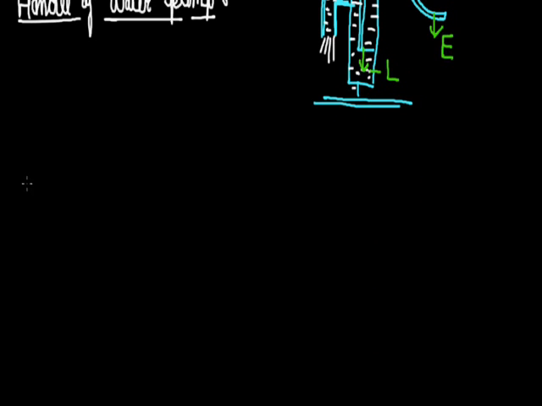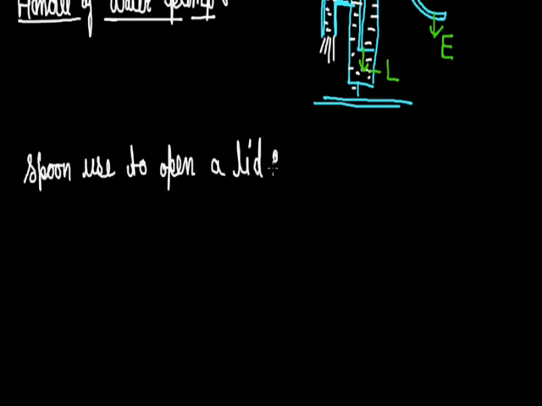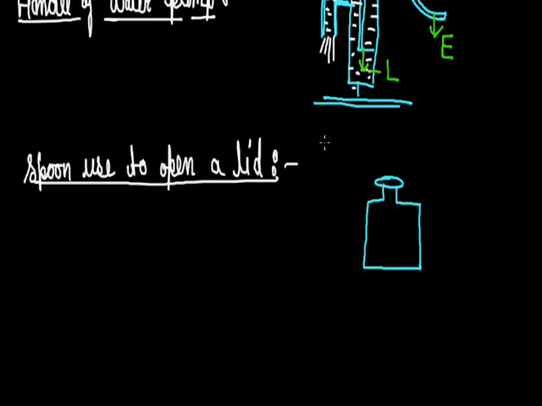Now next, if we use a spoon to open a lid, we can draw it also. Suppose a container is here, and if we want to open the lid of this container with the help of a spoon, we can draw it as, suppose this is a spoon.